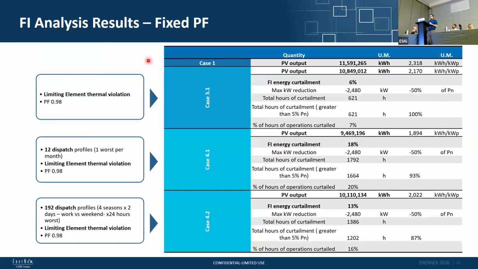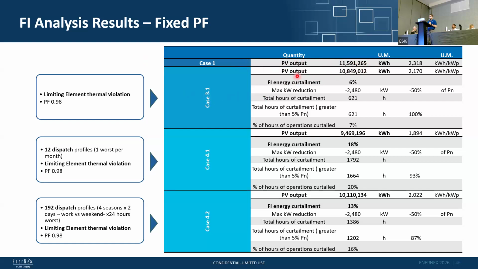So primarily, the curtailment cases 3 and 4 were the most interesting because they eliminated a lot of the thermal violations as well as the voltage violations that maybe popped up through the introduction of the FI plant. And you'll see here, the key thing to note is the top row, case 1, showing the PV plant's output throughout the whole year.